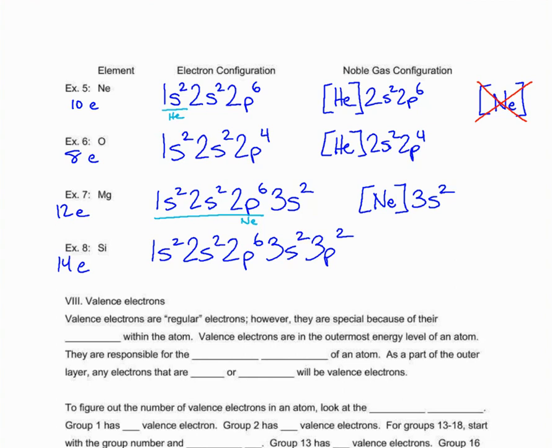Example 8, find silicon on the periodic table. It's in group 14. Its atomic number is 14, and it's in the third period. So we find it, we look up one period and all the way to the right. The next smallest noble gas is neon.